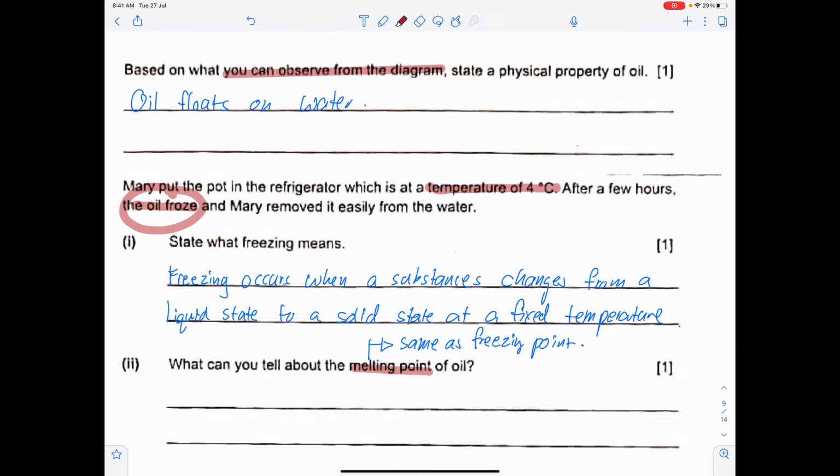So that's why the answer for this question needs to be the melting point of oil is greater or equal to 4 degrees Celsius. Okay? It's not either one. The whole thing must be there.